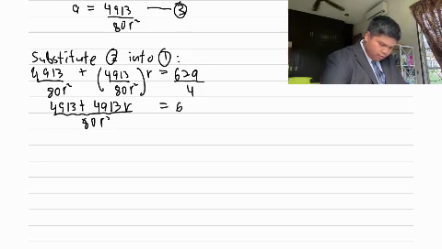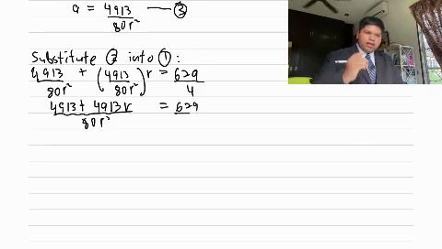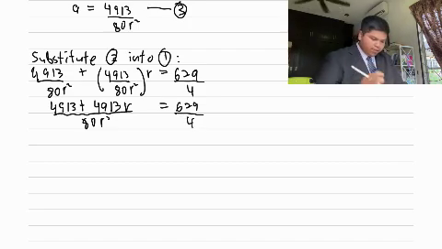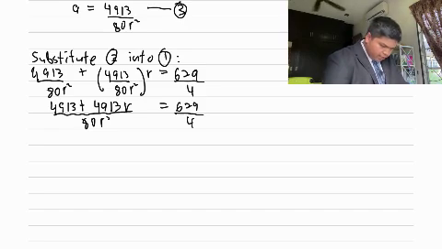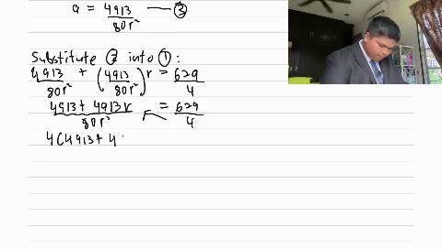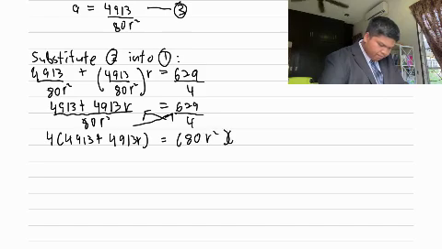equals 629 over 4. And now for simultaneous equations, we get rid of the bottom numbers, so we move this 4 to the left, which will make it times. So 4 times 4,913 plus 4,913r equals, and now we also move 80r squared to the right, which makes it times, so 80r squared times 629.